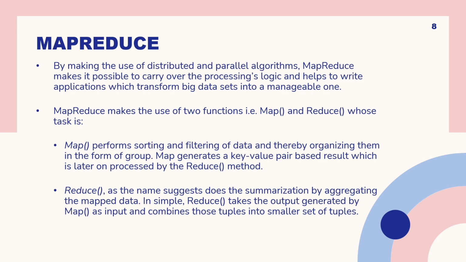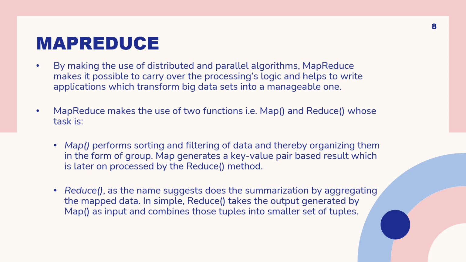Second is MapReduce. By making use of distributed and parallel algorithms, MapReduce makes it possible to carry over the processing logic and helps to write applications which transform big data sets into a manageable one. MapReduce makes use of two functions, that is map and reduce.